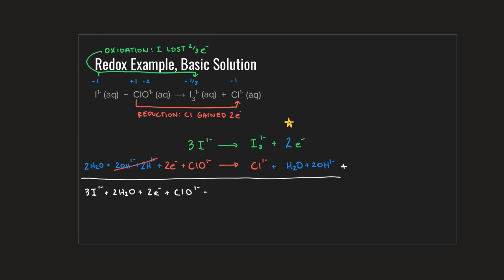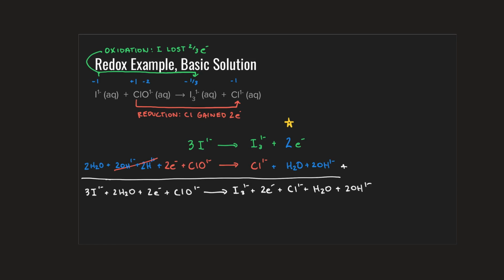And then on my product side, from the oxidation, I have I3 negative, that triiodide ion, plus 2 electrons, plus from my reduction half step, I have the Cl1 negative chloride ion, plus water, H2O, plus 2 hydroxide ions, OH negative. And now I can do some cancellation here and simplify my equation.